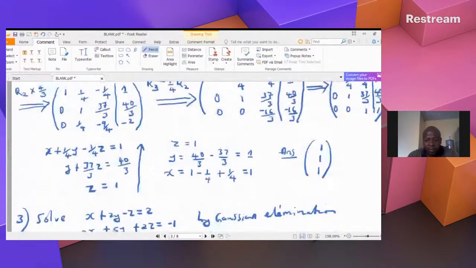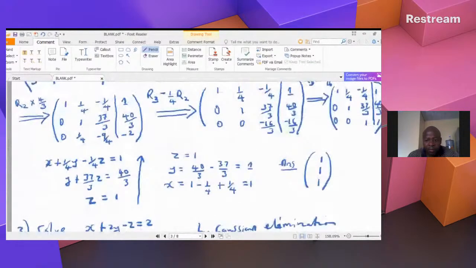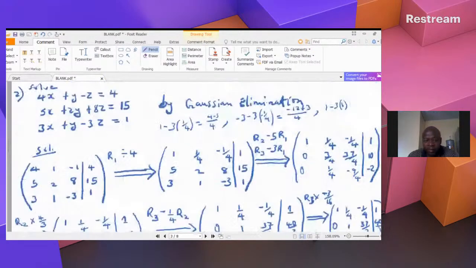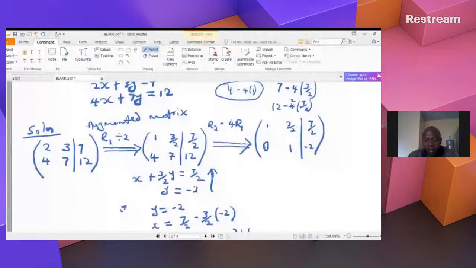In this other example, after reducing to echelon form, we had a 1 and then 1, so we had z equals 1. And in example 1, we had z equals -2.